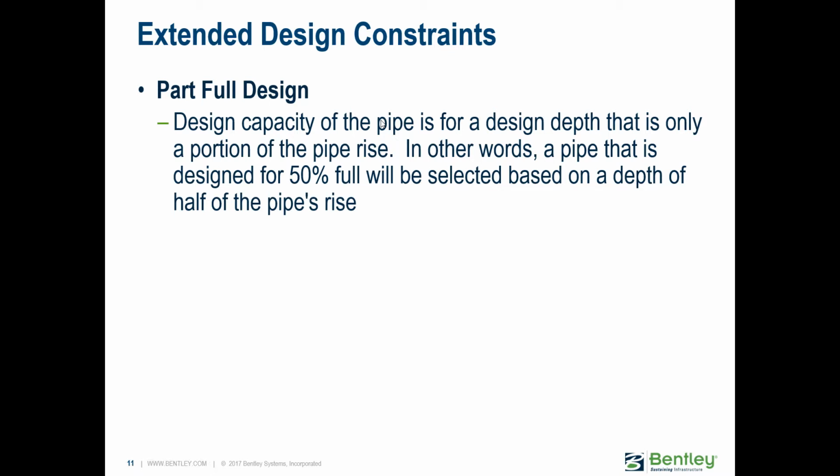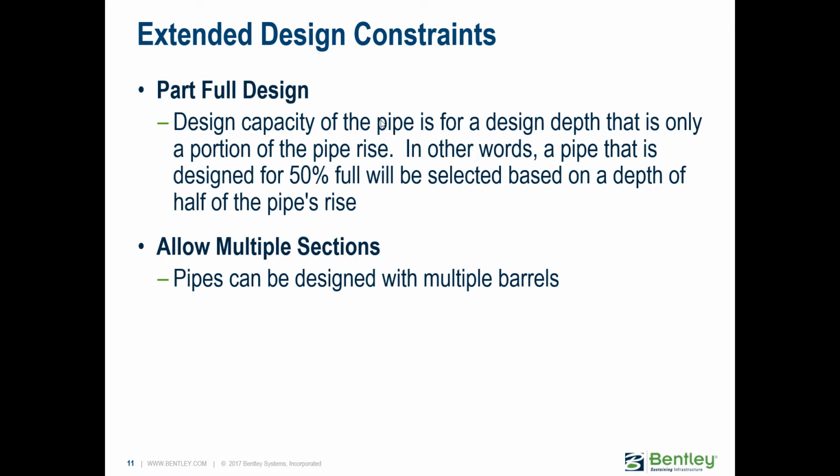So if you don't check any of those, by default it's going to design for 100% of the capacity of that pipe. But if you wanted to say no, only design it to be 50% full, because in the future there will be more users upstream, etc., then it can do it that way.